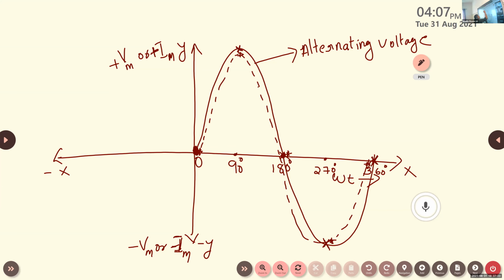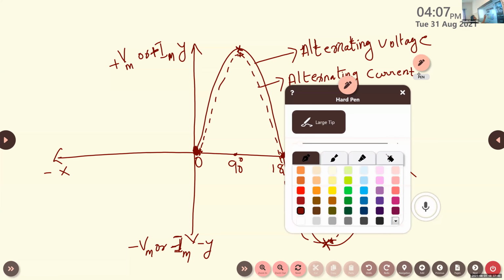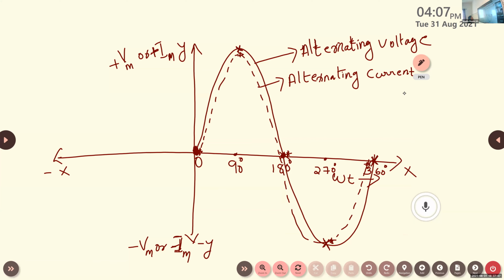And this dotted line represents alternating current corresponding to the different phase angles. So this is the graphical representation of AC voltage through resistor.